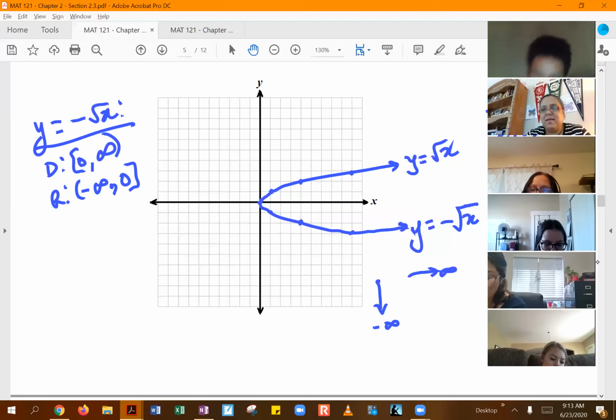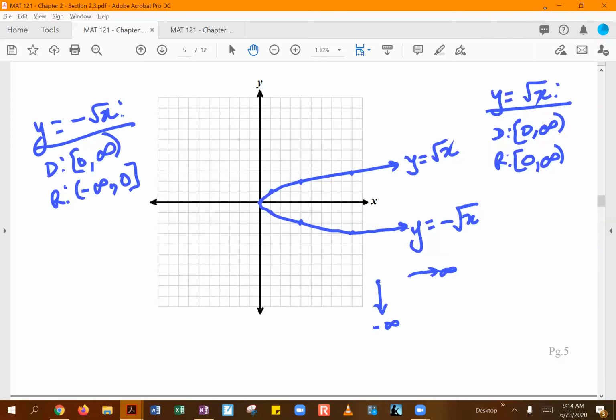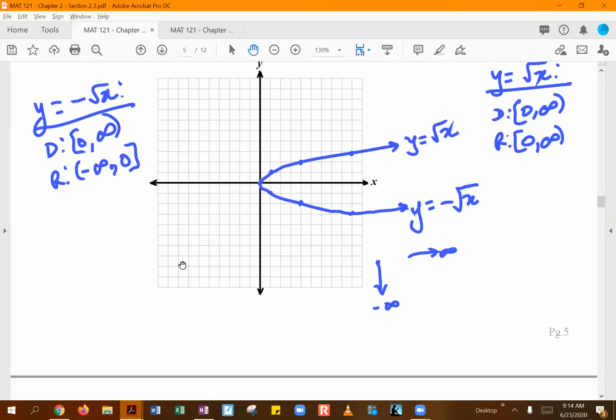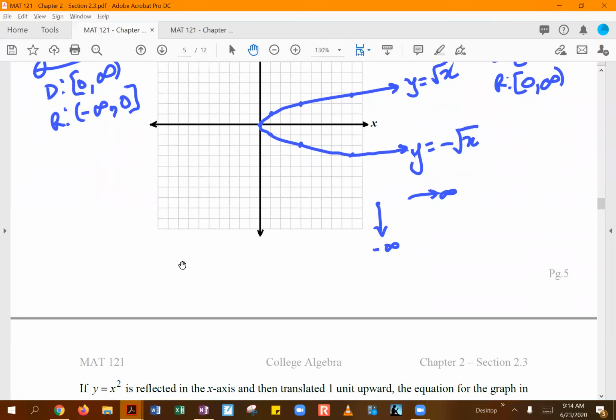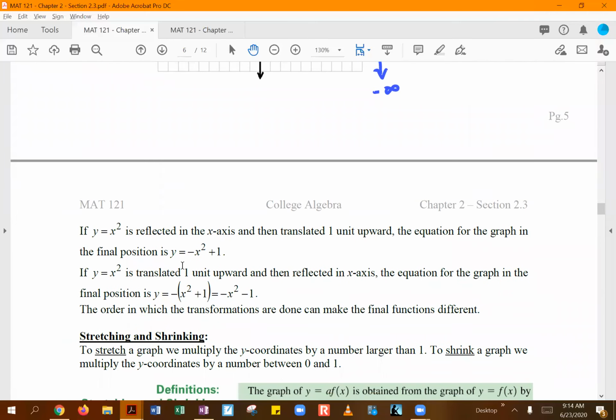Does that make sense, guys? Okay. And as I was telling you before, domain and range will show up pretty much in each chapter, each section. So just practice with this as much as you can until you get comfortable.